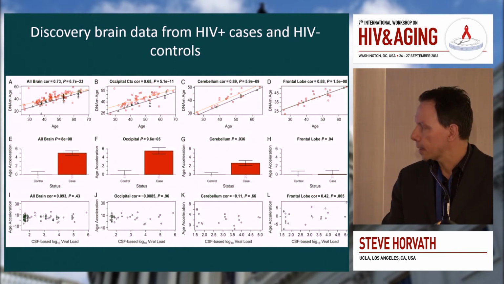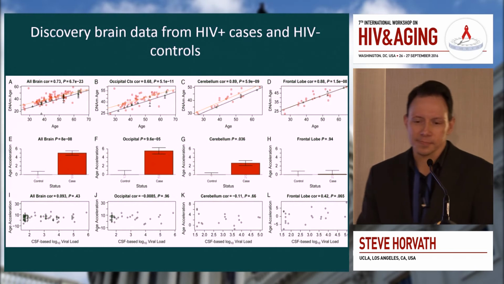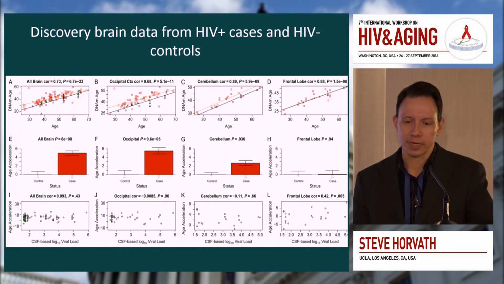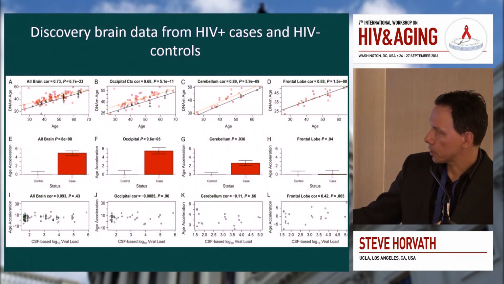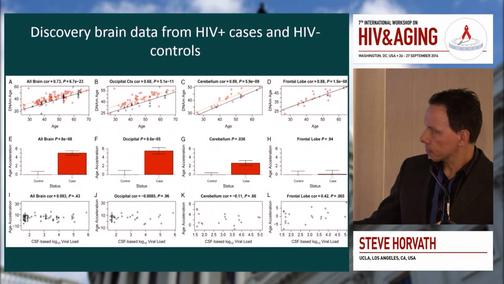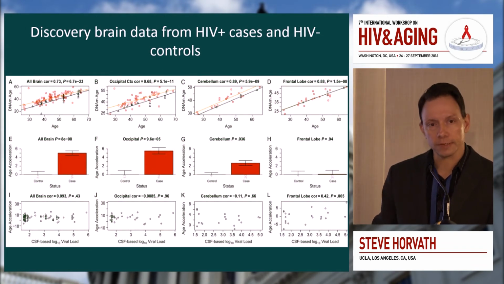I noticed I talked about age acceleration, and I just want to give you an explanation of what is meant by that. So look at the scatter plot. What one can do is form a regression line through the dots.